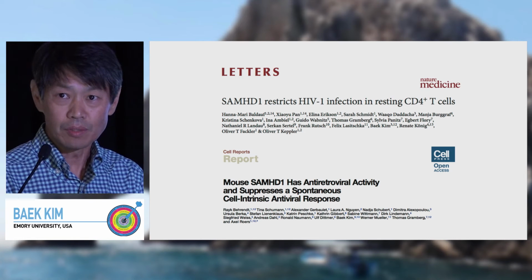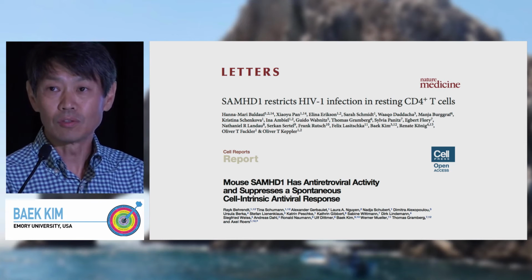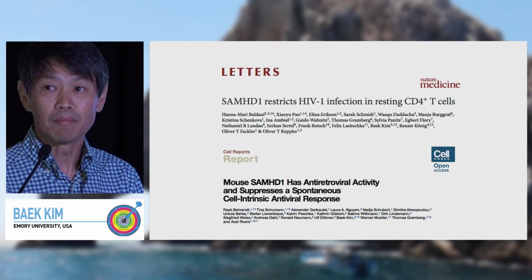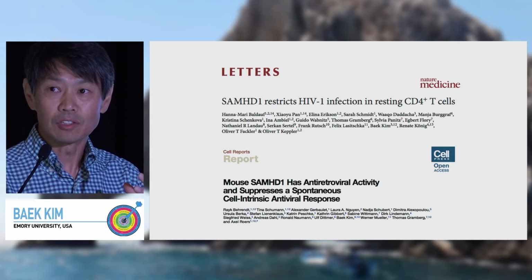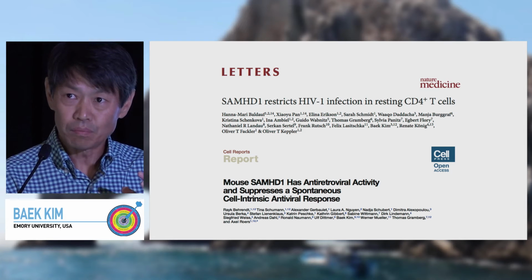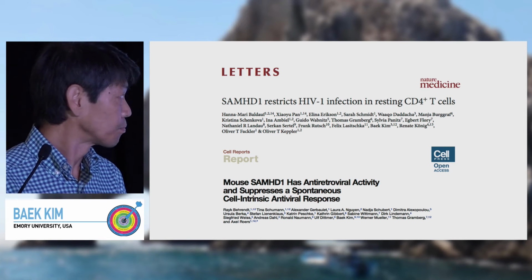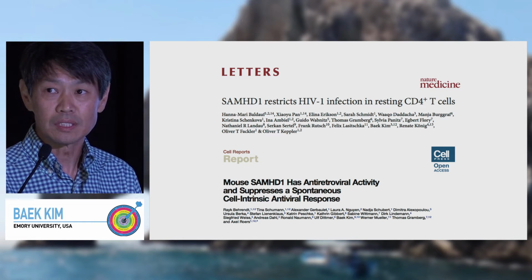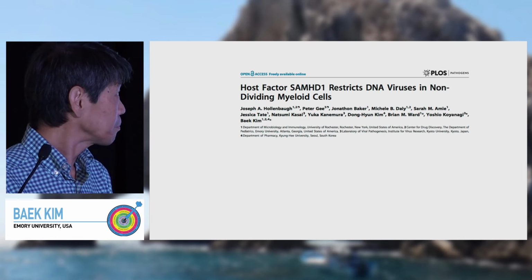When you knock out SAMHD1 in a mouse model, it loses antiviral activity, and by elevating the dNTP concentration, there are certain components that push the host to protect itself from viral infection. So there is some genetic data that SAMHD1 is important in viral control in the mouse model.